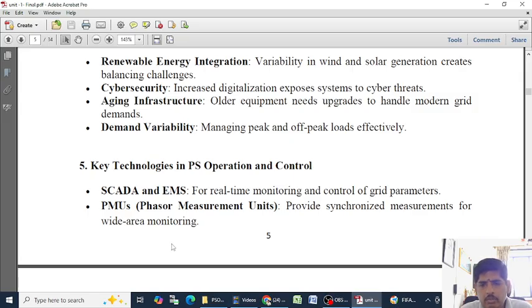Everything is computerized. I monitor all the parameters, and based on the change in parameter values, I give the signal to the generating station or load dispatch center. Based on the command received from the SCADA system, I have to maintain the voltage and the frequency within the specified limit.